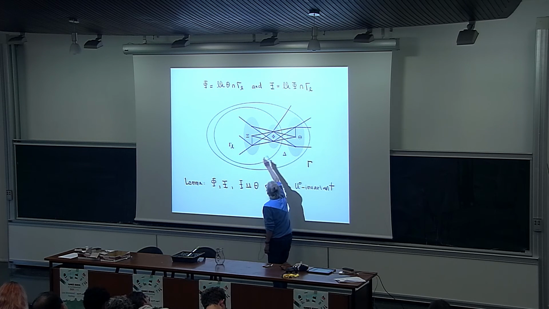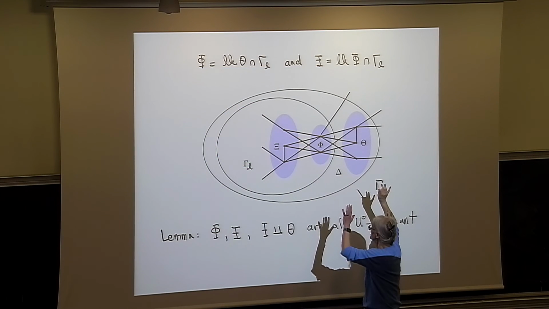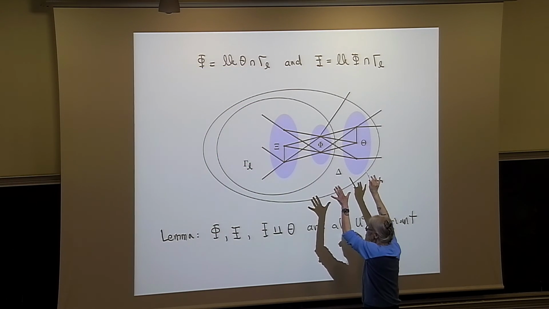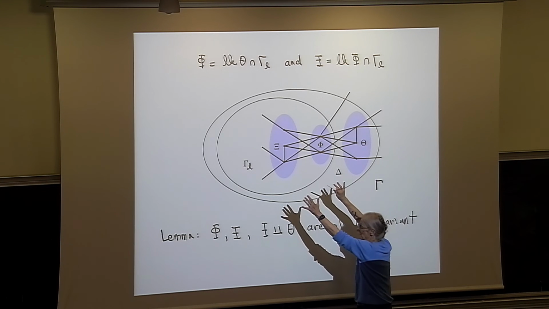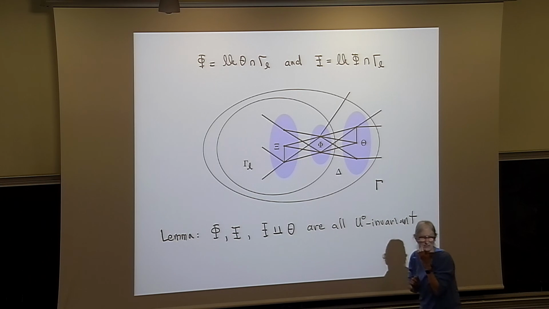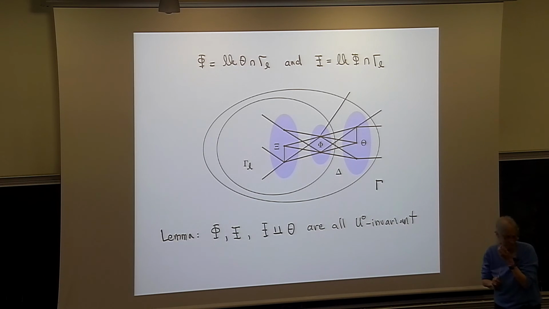I know that these parts are unique. The complexes I get for that and that, I have no choice. So if I take the complex I build for the blue thing, I can glue it to the complex I have for gamma L along these guys, because I have no choice for what to do there.